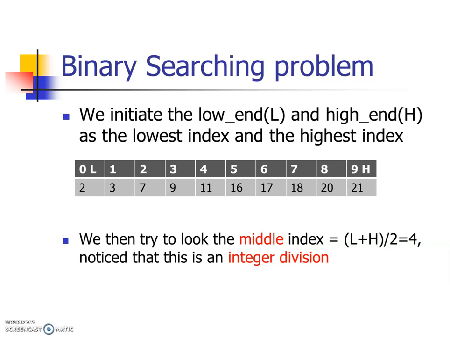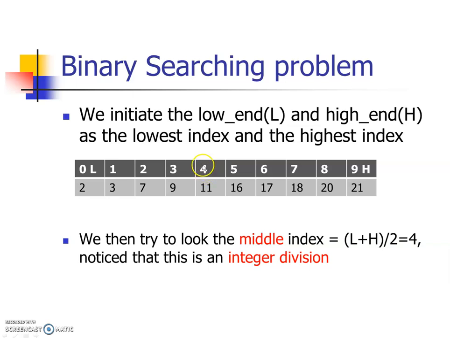So 0 plus 9 in parentheses divided by 2, since every single number is an integer, we will actually get an integer division. So it's not going to give you 4.5. It will give you 4. So that's indicating the middle index is 4 in this case.